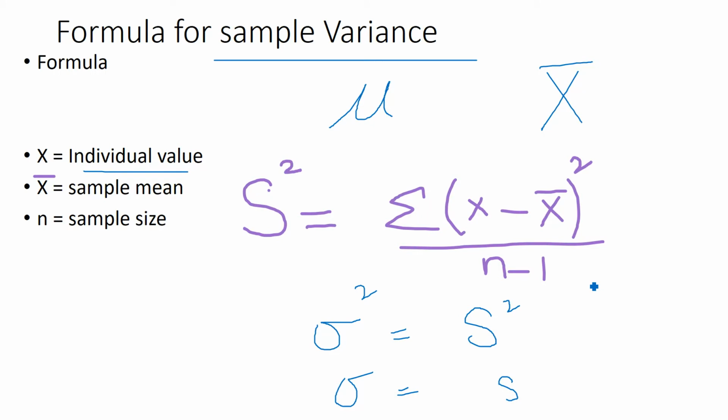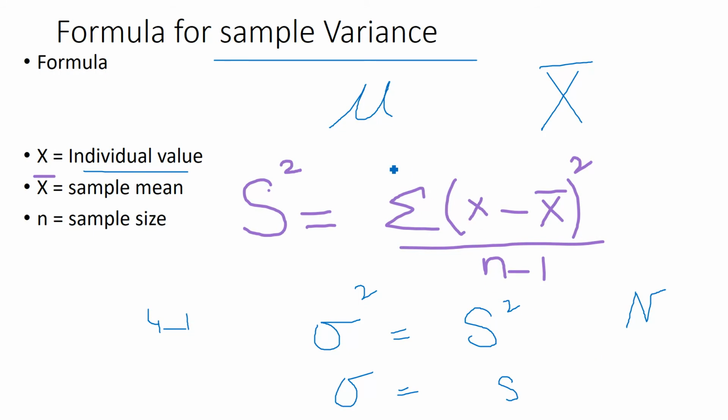This is a very important point: we have to divide by n minus 1 for a sample. In the case of a population, we were dividing by capital N. Here we subtract 1 from the sample size, say 4 minus 1, 3, because if we divide by the sample size, that is 4, it will underestimate the population variance.